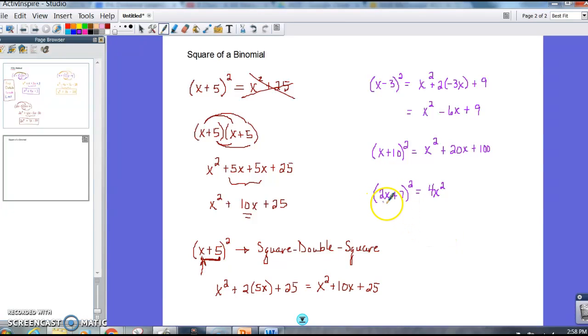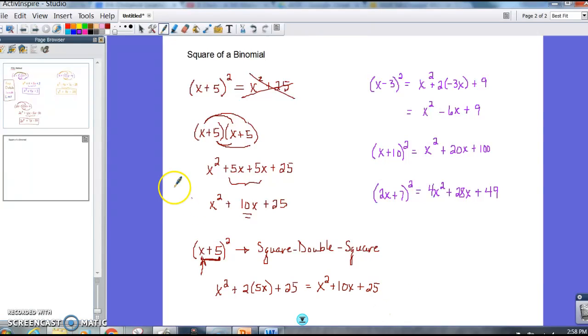Multiply your terms together and then double it. So 2x times 7 gives me 14x. If I double that, I get 28x. And then square the last term. 7 times 7 gives me 49.